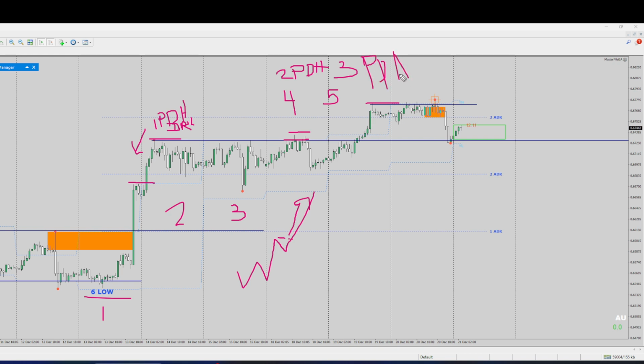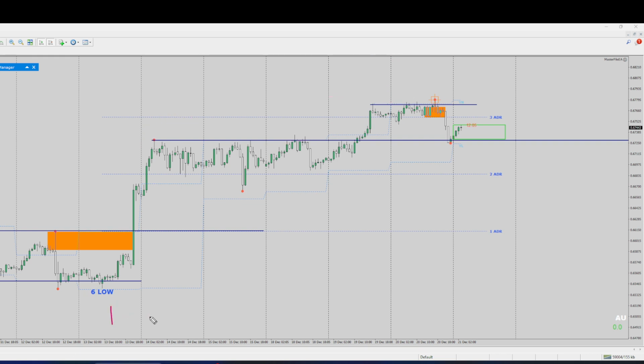So we would come into this particular day, right? Let me clean this up real quick, guys. So we would come in: we had 1, 2. Okay, so we're coming into day 5 and we're like, this thing hasn't quite broken out yet. We're looking for it to break through and give us that third push, which it did.